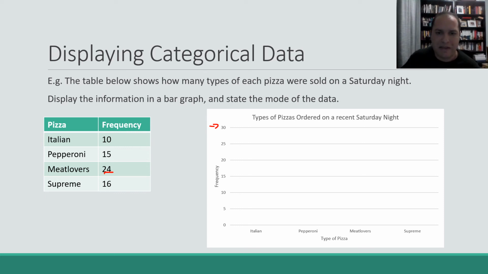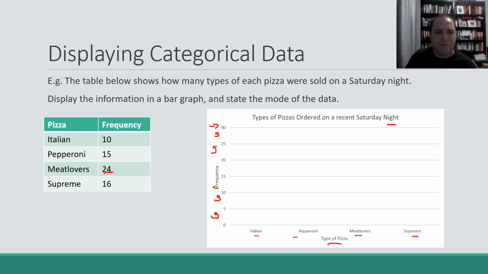So looking at the one we've got here, once again, we're going up in 5s. So we've got that consistent increment, that consistent increase along our axes. So that's A. We've got some labels, our frequency, our types of pizza, and we've got labels for each bar. And then we've got our title, which is ready to go.